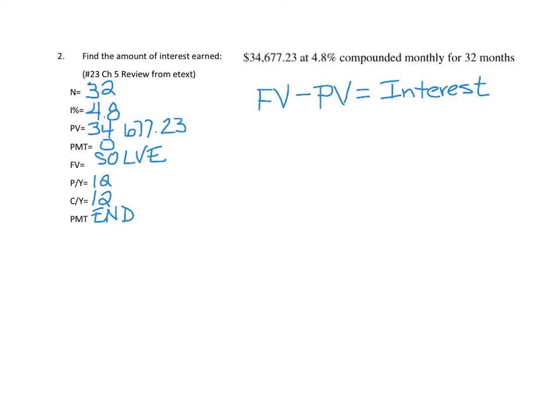Our next problem wants us to find the amount of interest earned on an investment of $34,677.23 at 4.8% compounded monthly for 32 months. That means there will be 32 payments. N is 32, and compounded monthly means 12 times a year.